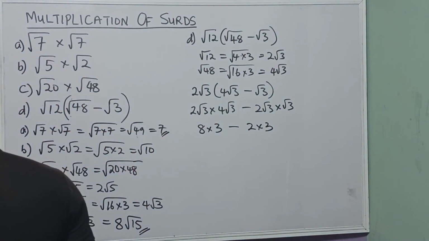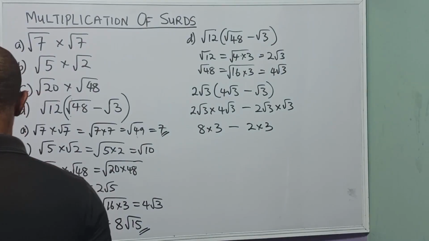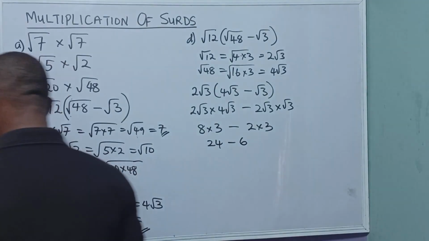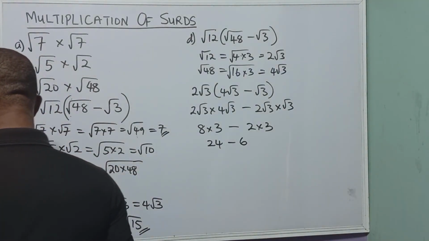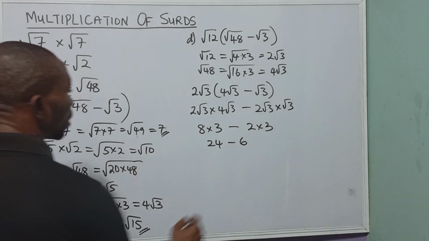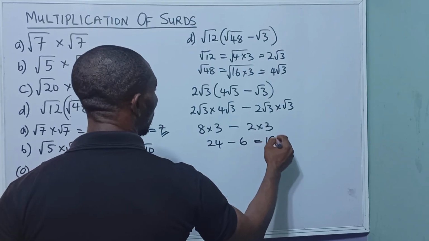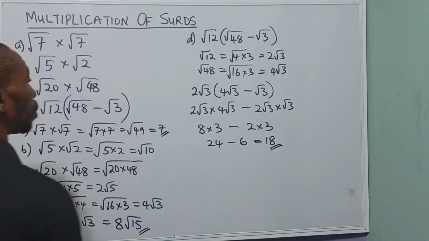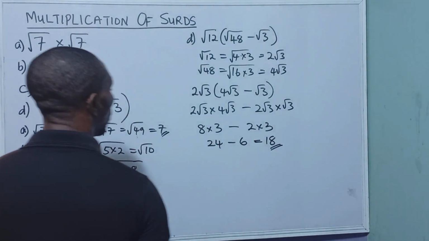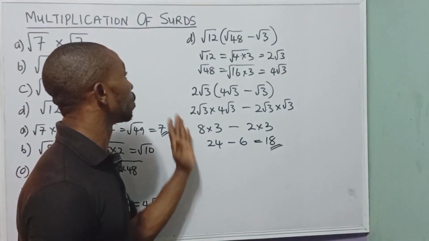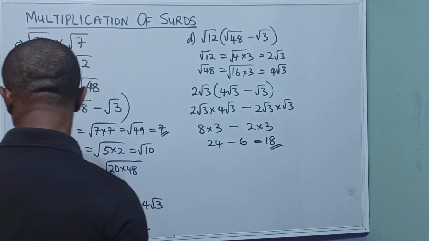Now 8 times 3 will give us 24 minus 6, and 24 minus 6 will give us 18. Alright, so we've evaluated this as 18. Okay, let's look at more examples on how to solve using multiplication of surds.